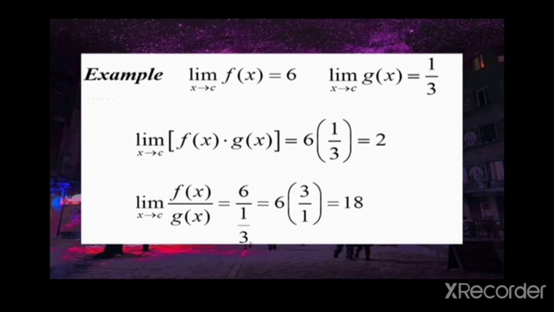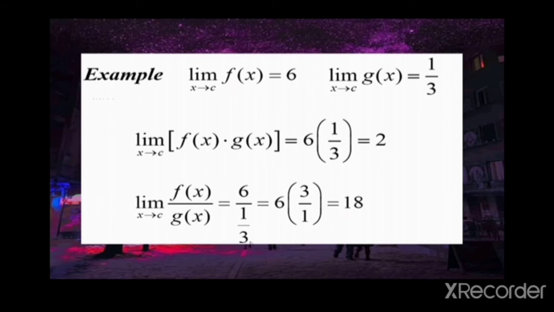So we have 6 times 1/3. 6 times 1 is 6. 1 times 3 is 3. 6 divided by 3 is 2. Therefore, the limit of the quantity f of x times g of x as x approaches c is equal to 2.